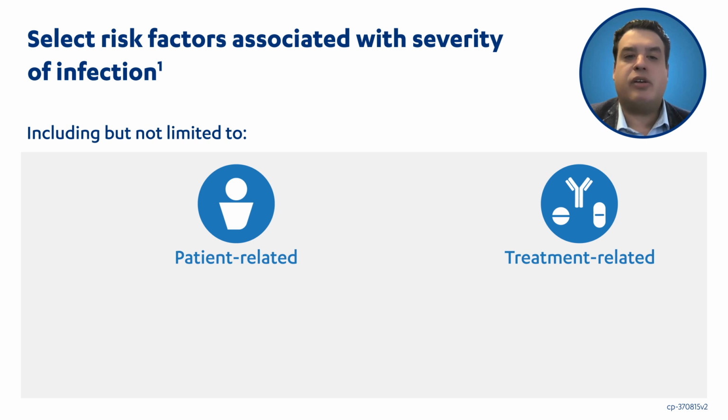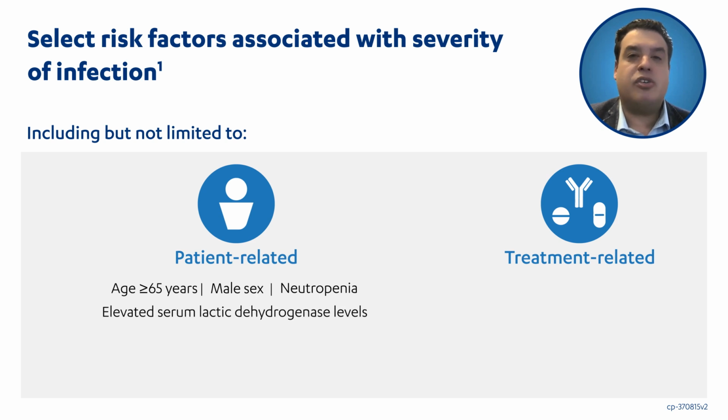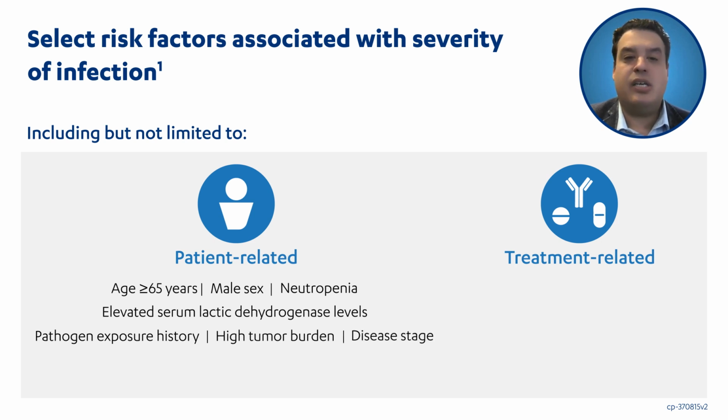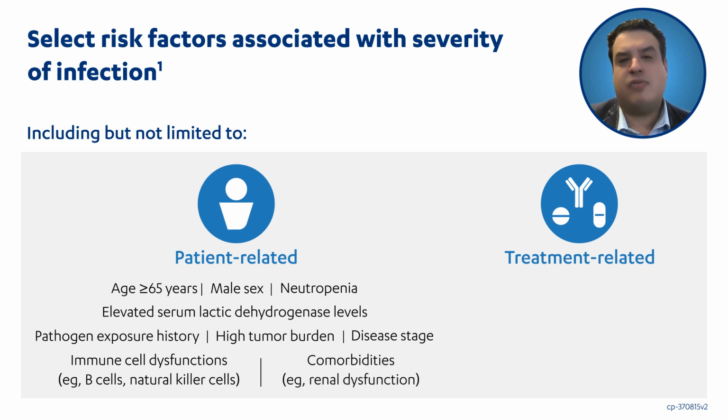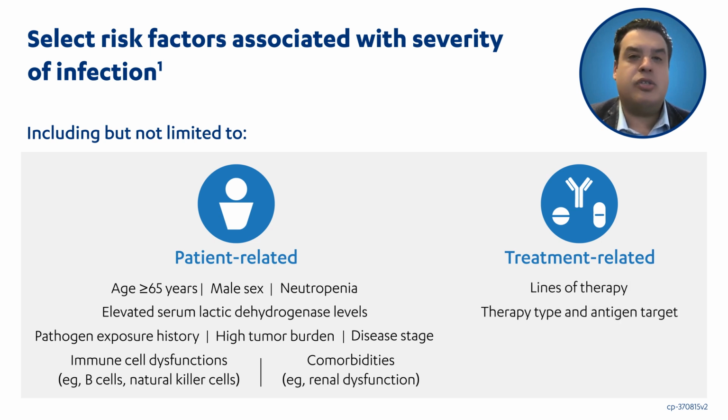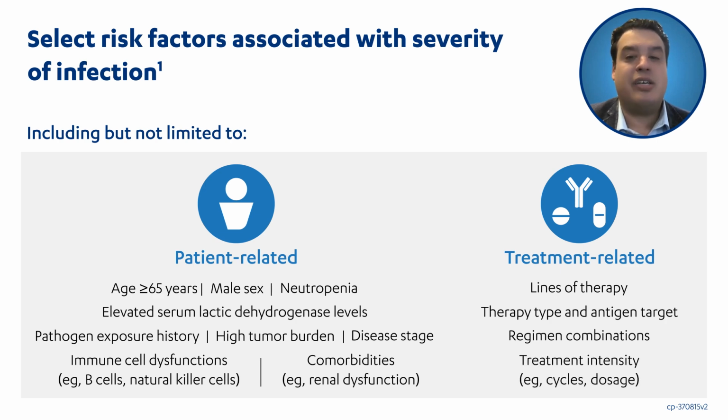Some patient-related factors include age greater than or equal to 65 years, male sex, neutropenia, elevated serum lactate dehydrogenase levels, pathogen exposure history, high tumor burden, disease stage, immune cell dysfunctions such as B cells and natural killer cells, and comorbidities such as renal dysfunction. Treatment-related risk factors include lines of therapy, therapy type, antigen target, regimen combinations, and treatment intensity such as cycles and dosage.